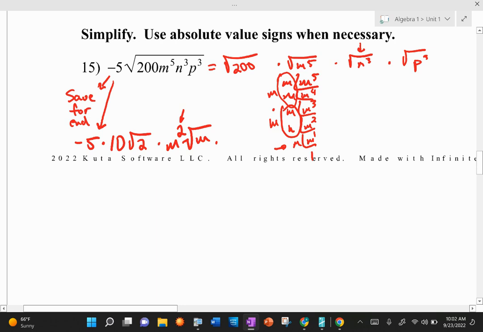If I divide 3 by 2, how many times can I divide it evenly? Just once, because that answer would be 1.5. So you'd have n on the outside, and because it's odd, you have 1 more left over. You'll always only have 1 left over on the inside because we're doing square roots.